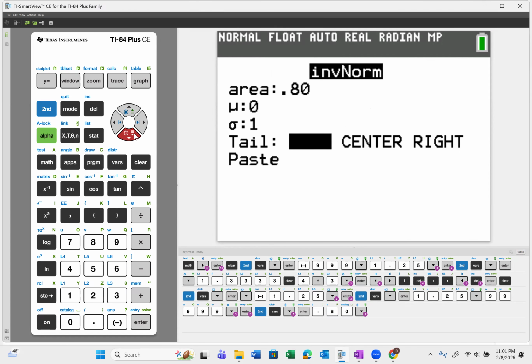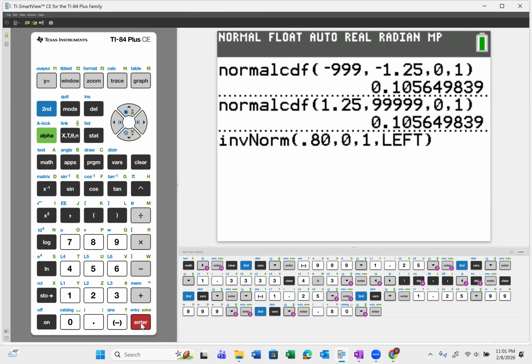It's giving me the option of whether I want that 80% area to be to the left of the z-score I'm looking for, to the right of it, or in the center 80%. Not all calculators have that left, right, center option, but some of them do. If you do, you got a little lucky. So some of them won't have that.